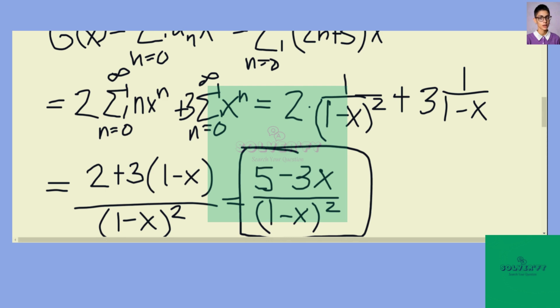In part E, we're given the sequence a sub n equals 8 choose n for all n.